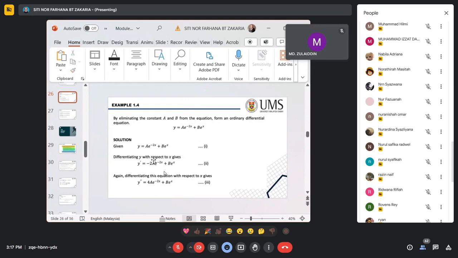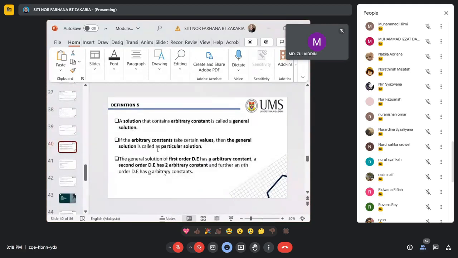Okay, saya repeat. General solution is a solution that contain arbitrary constant, no value. For example, this one, y equals to a exponential negative 2x plus b exponential x. So they have two arbitrary constant. Okay. This is arbitrary constant. This is general solution. And then we also have particular solution.